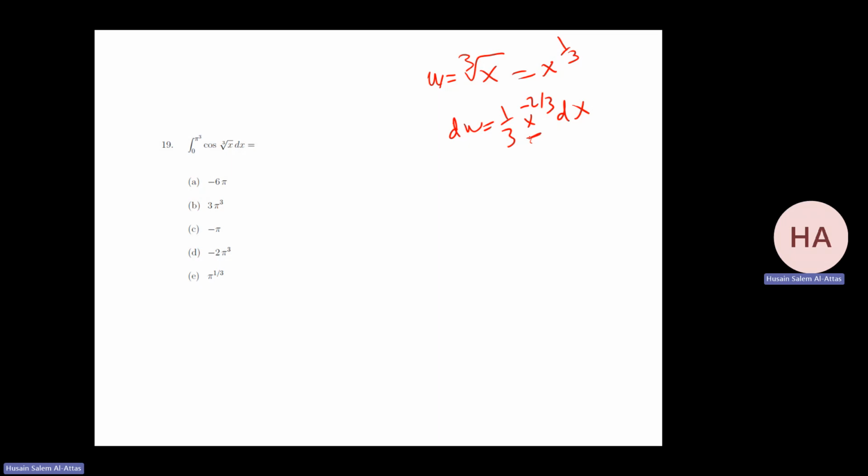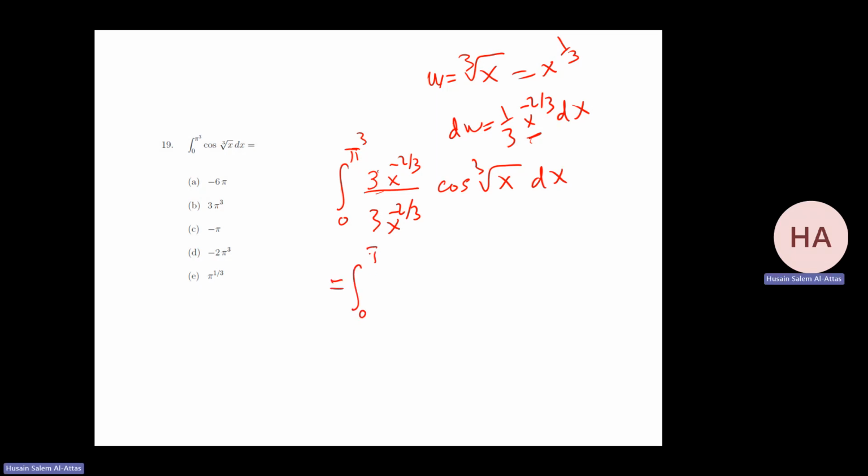So I need to multiply by this, from 0 to pi cubed, of 3 x to the power 2 over 3 times 1 over 3 x to the power minus 2 over 3 cosine cube root of x dx.